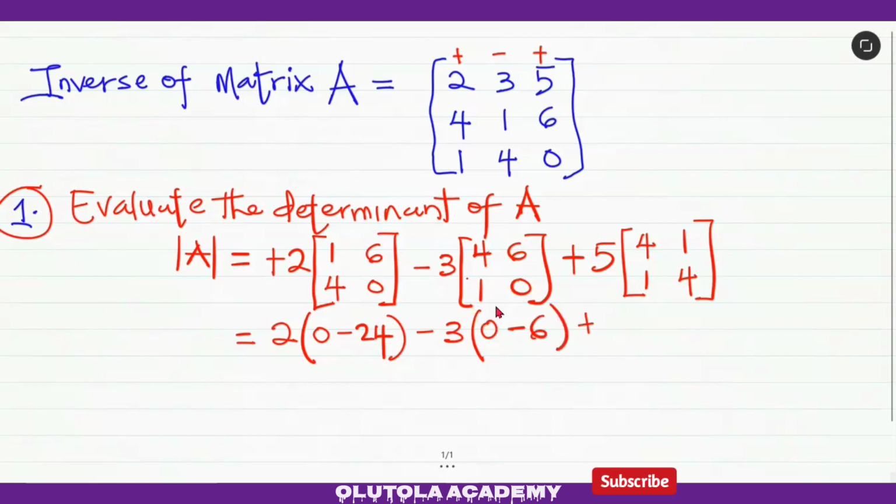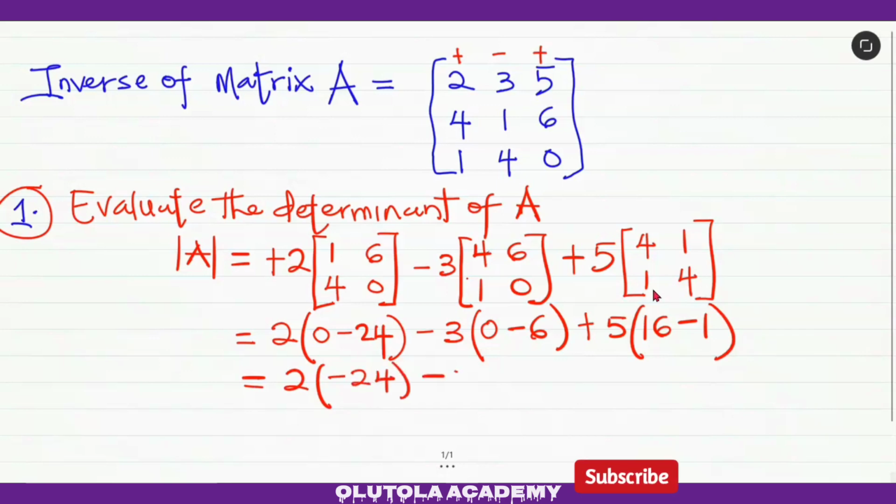So plus 5 into bracket 4 times 4 will give us 16, 16 minus 1 times 1 gives us 1. So that will give us 2 into bracket negative 24, minus 3 into bracket negative 6, plus 5 into bracket 15.